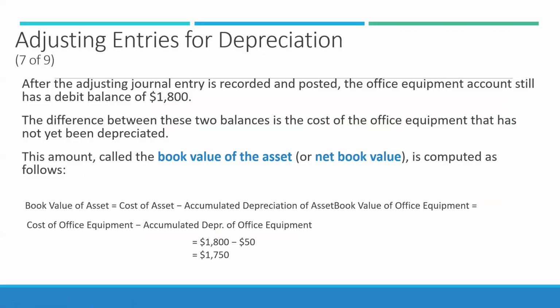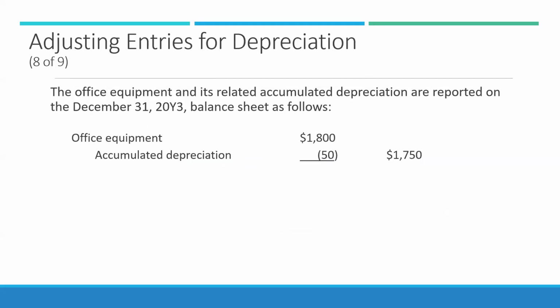So this accumulated depreciation office equipment will be in the balance sheet, and it will be in the asset section right under our assets to show the net amount. Okay? The office equipment and its related accumulated depreciation would be shown in the balance sheet just like this, as a net amount of $1,750.